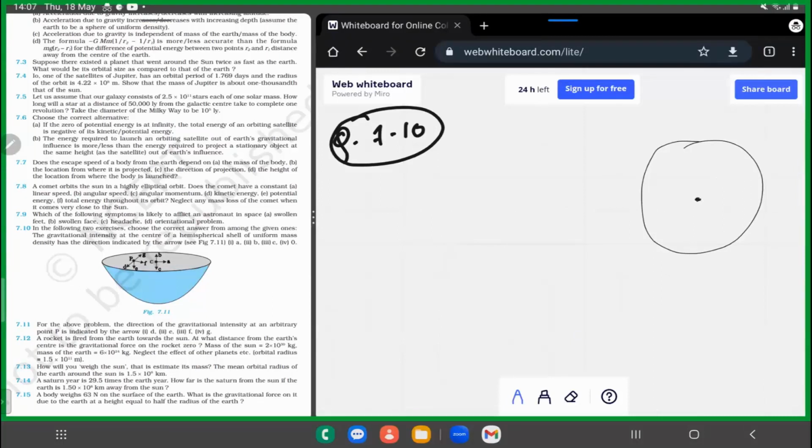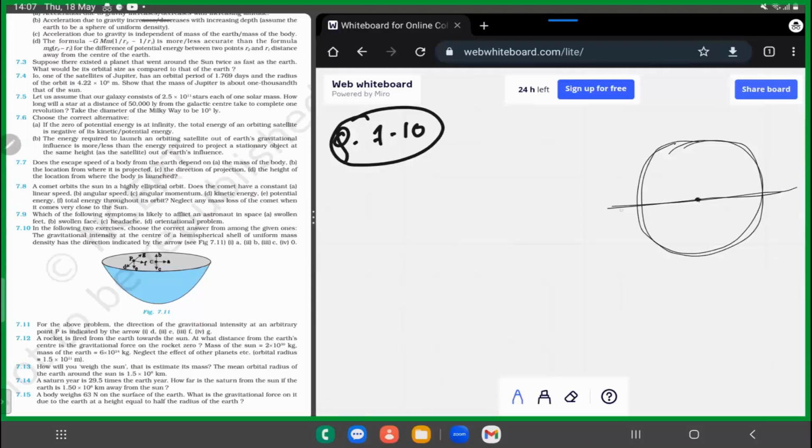By this we mean when the sphere is complete, a uniform sphere without any irregularities, the field at any point inside the sphere is 0. And suppose we cut this hollow sphere into two parts.